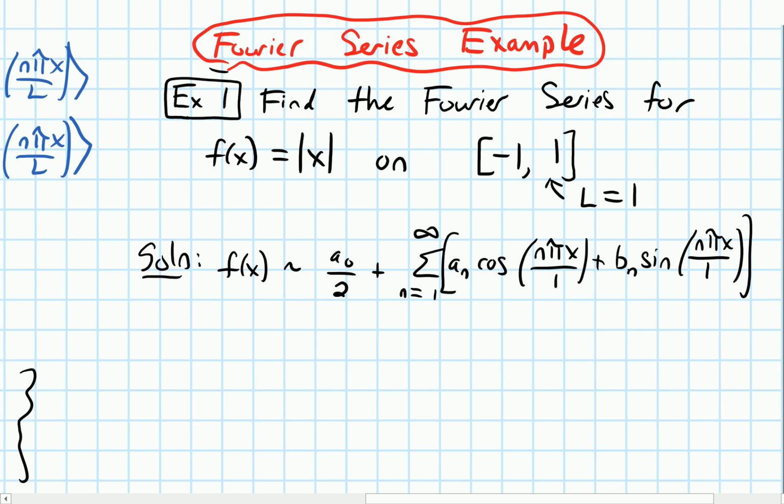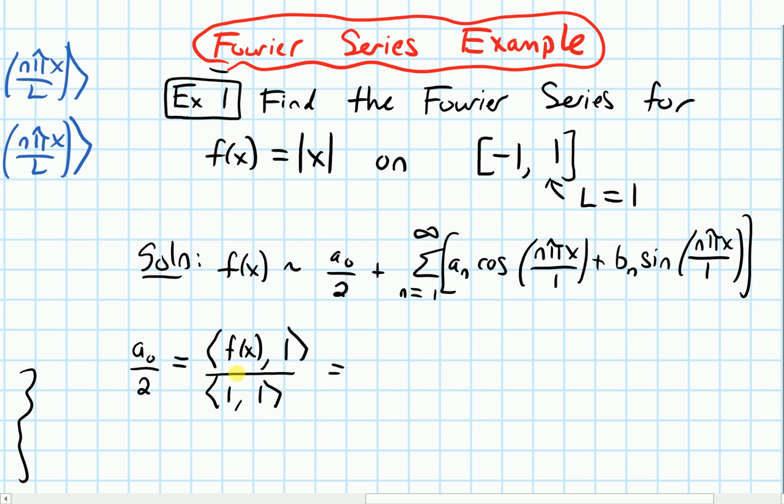All right, so let's begin with the a0 over 2, with this constant term. Remember, in the previous video we talked about a formula for this. It's going to be the inner product of f of x with the constant function, divided by the constant function 1 with itself. That was the formula that we saw in the last section.